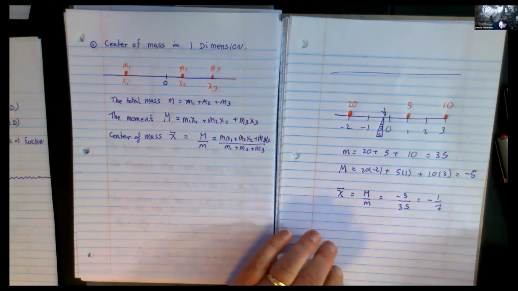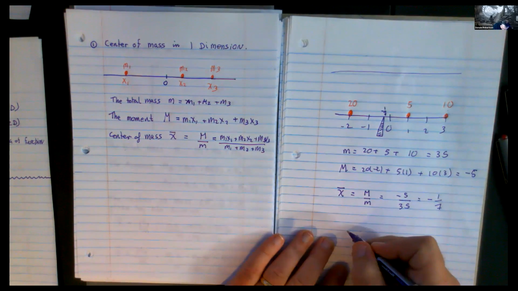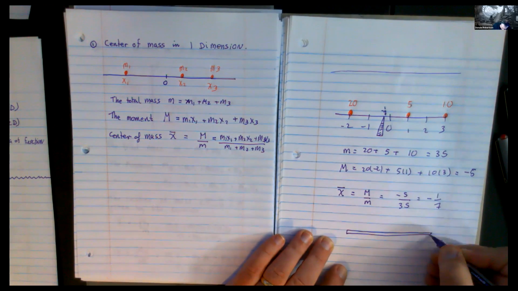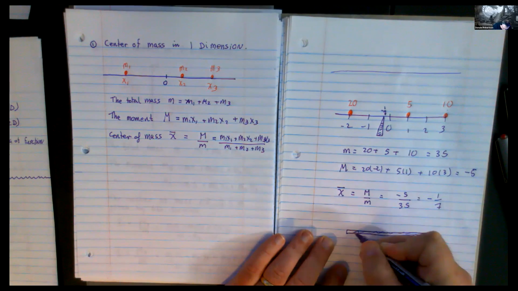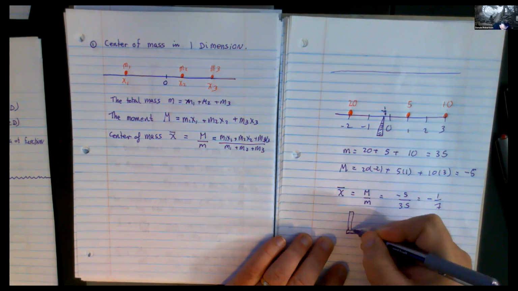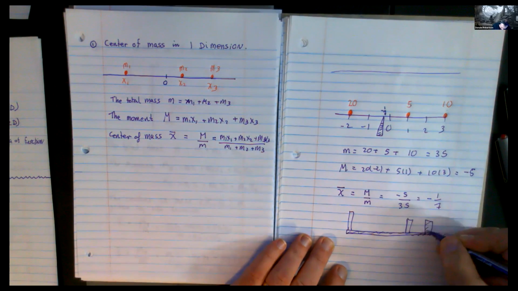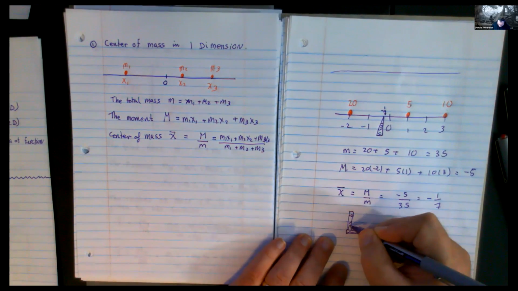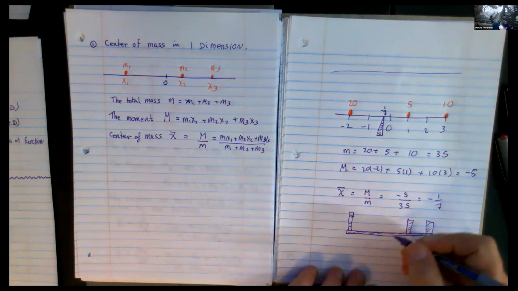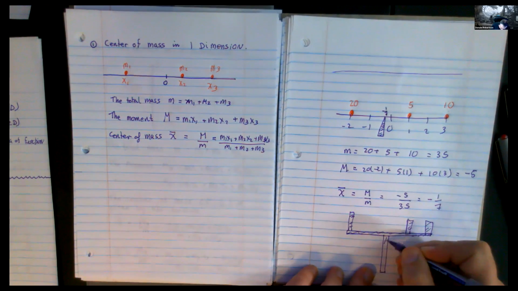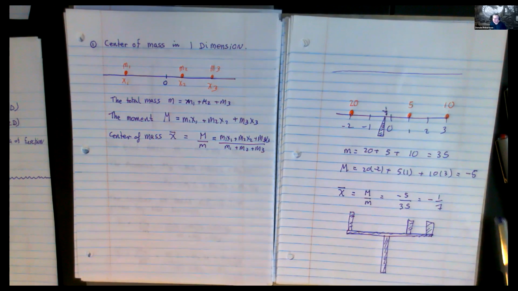Well, can you imagine that you had, I don't know, a girder, and on this girder there were 3 posts of different masses. What we now know is where to put a single post so that that structure would be balanced.